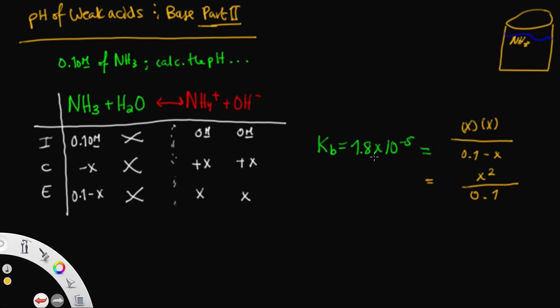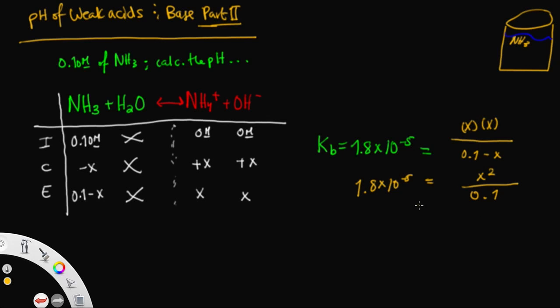It's really, really small. So whatever X value we're losing here is going to be so small that we can approximate that our concentration at the end of our reaction is approximately 0.1 moles per liter, give or take a little bit. So we're going to make that approximation because of a small Kb value. And this, of course, is equal to 1.8 times 10 to the negative 5.